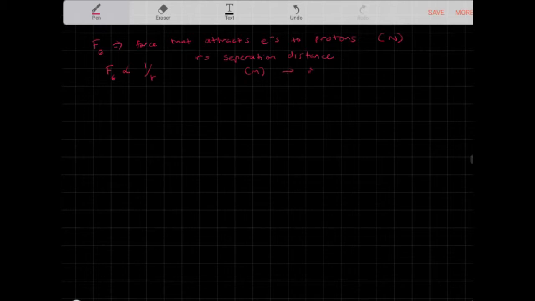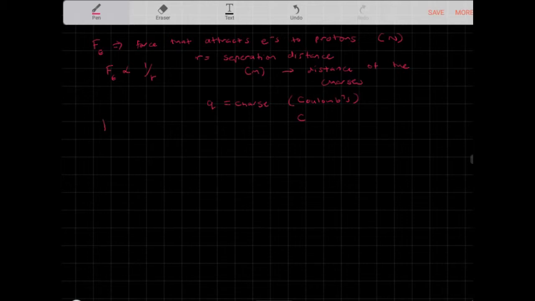It's going to be the distance of the charges. Okay, for charges, we're going to use Q, right? And Q is a charge, and charges are measured in the unit coulombs. Okay, so coulomb is the unit for charge. I'm going to use C for that.